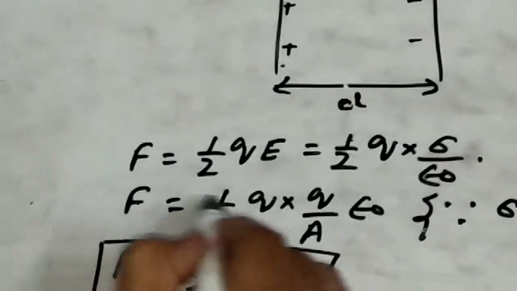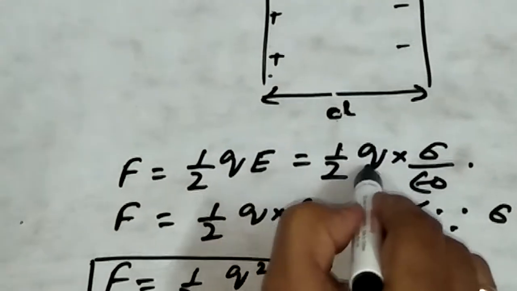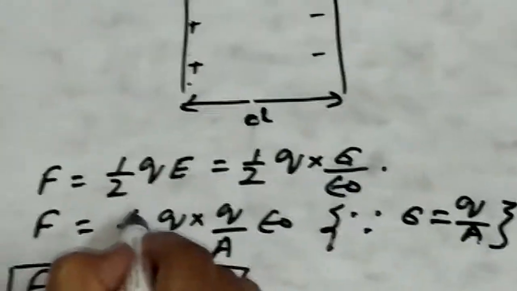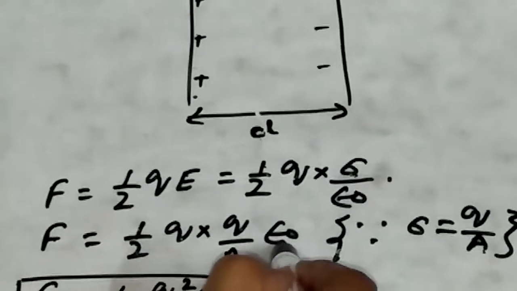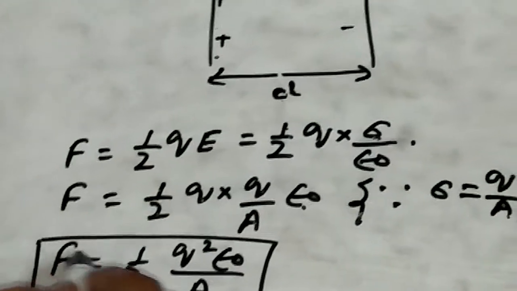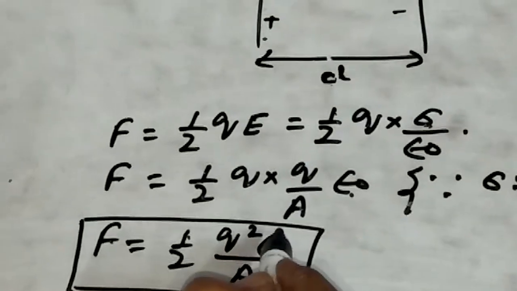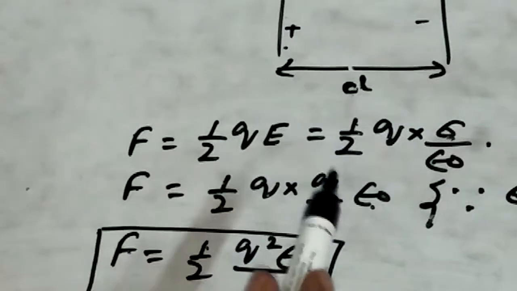Sigma is the surface charge density, and in place of sigma we can write Q upon A, so F is half Q into Q upon A epsilon naught, and finally you get F is equal to half Q square upon epsilon naught A. In this way we can find out the force between the plates of the charged parallel plate capacitor.